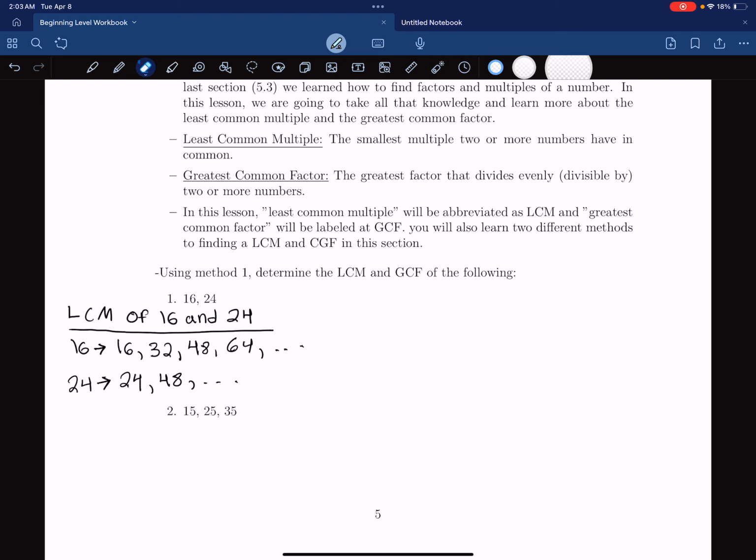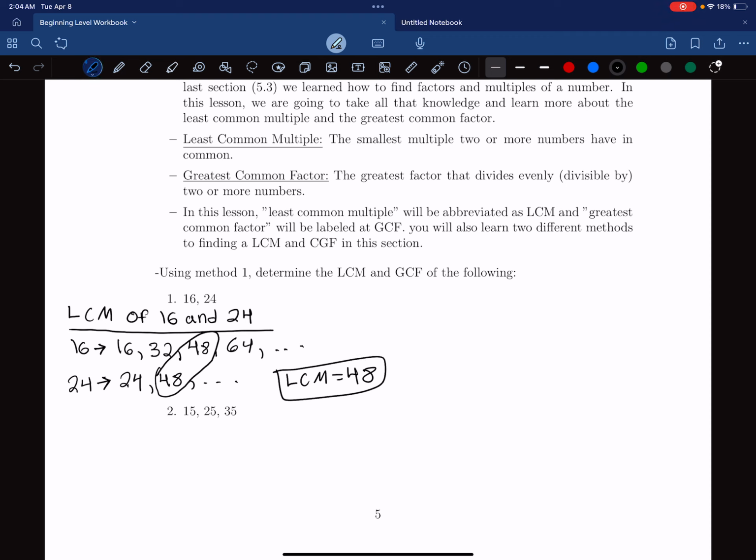One thing you might notice is that we have 48 and 48 here. And in this case, because these are our first two matching multiples of 16 and 24, that is going to be our least common multiple. So our least common multiple is 48. So that's our answer for this one.